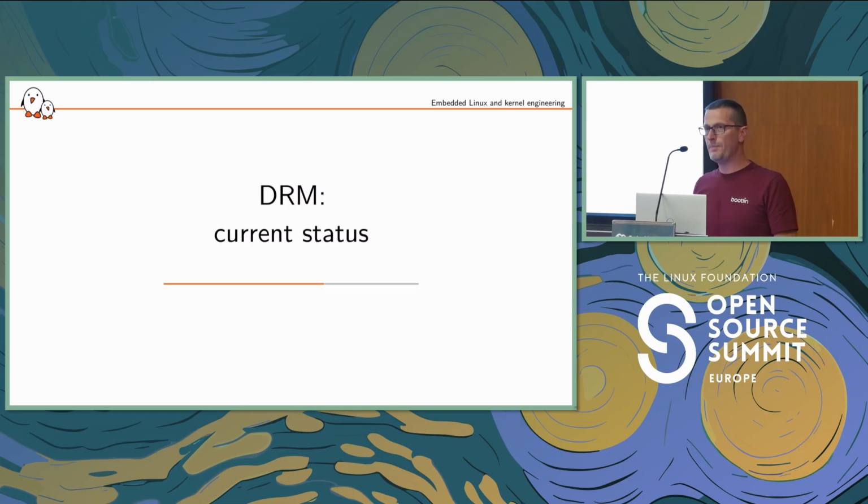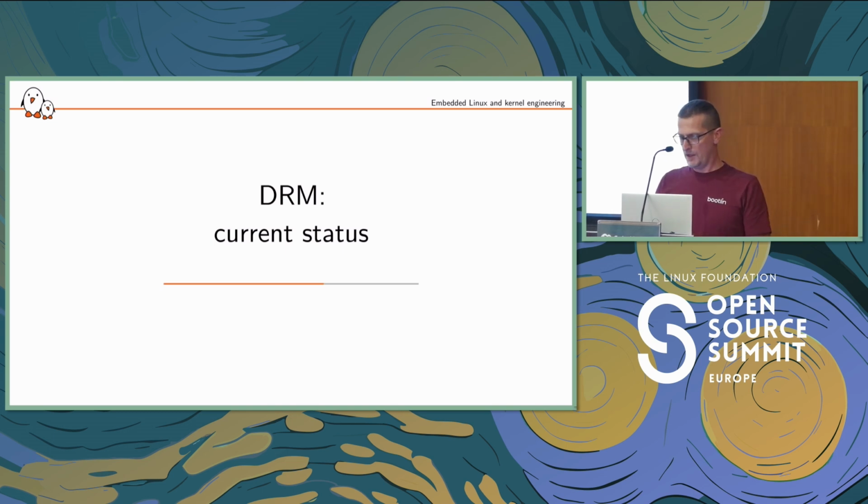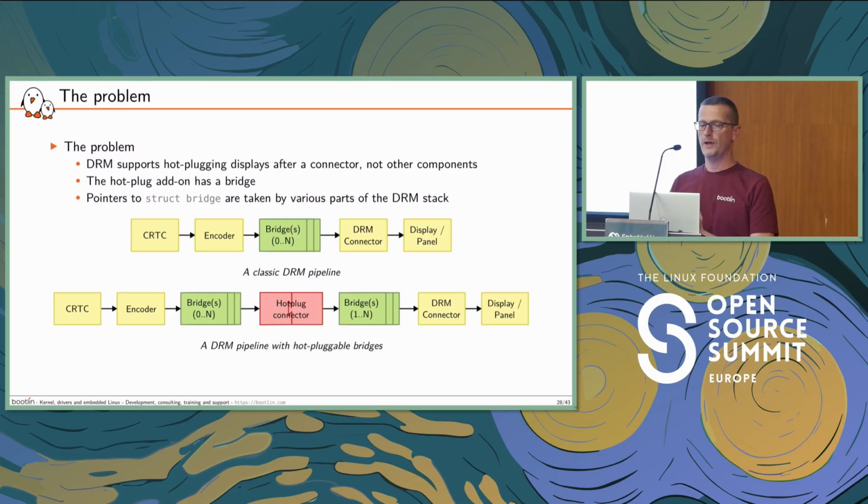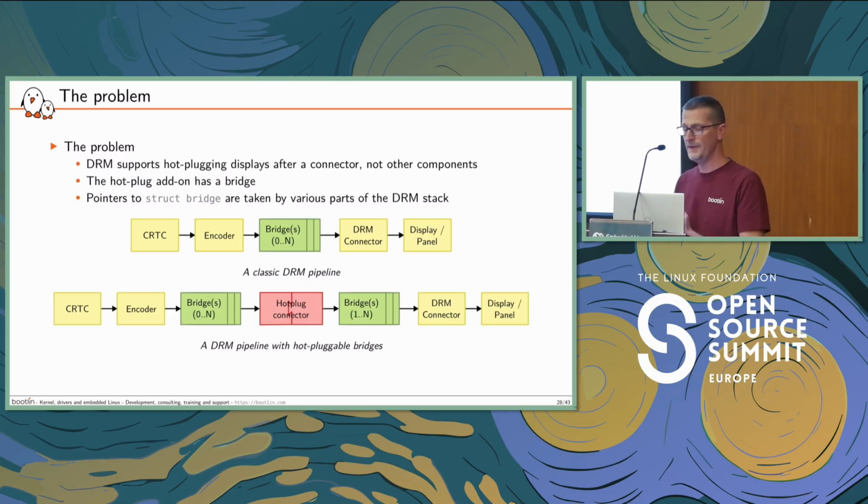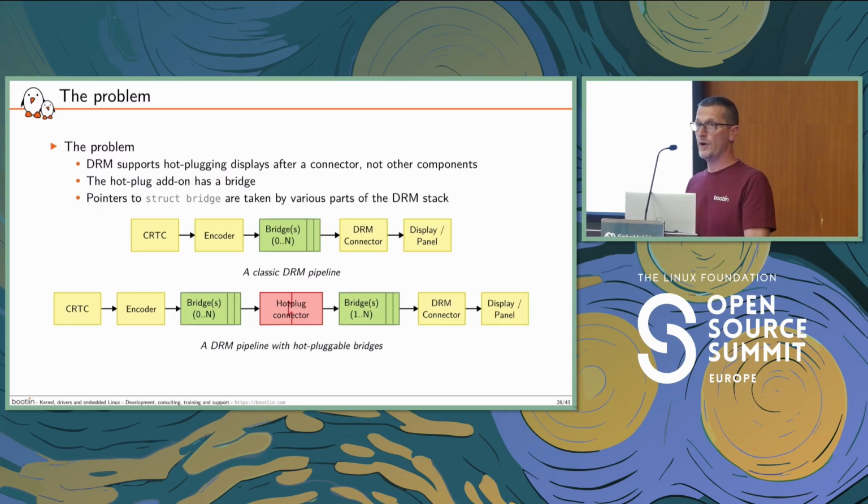So the other big part of the work is about DRM, so video output, which is what I'm focusing on mostly. In DRM, the classic pipeline is, as in the first picture, a CRTC, an encoder, a connector, and a display or a panel, optionally with one or more bridges after the encoder.